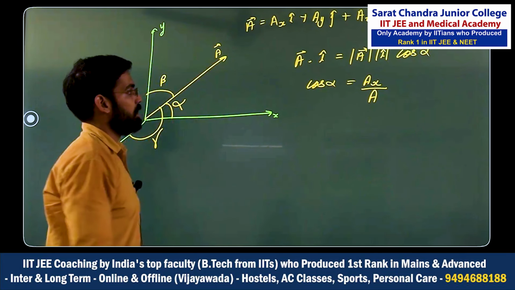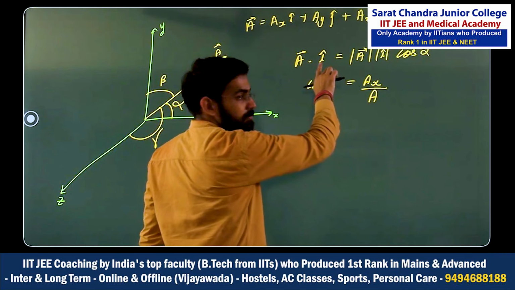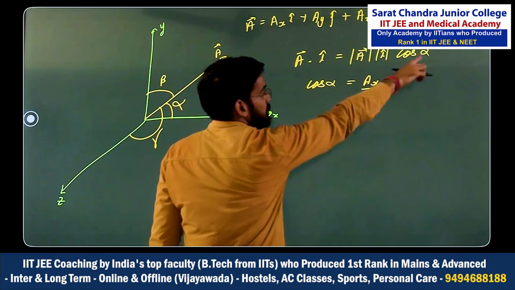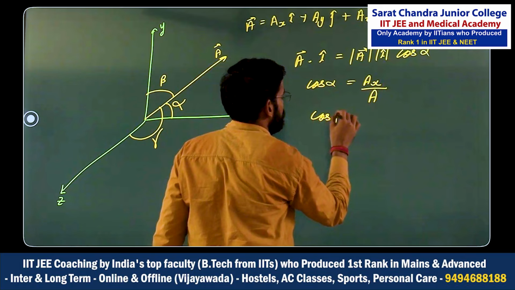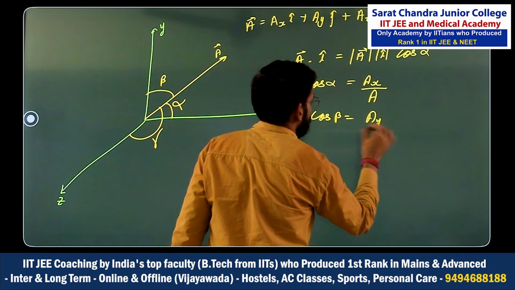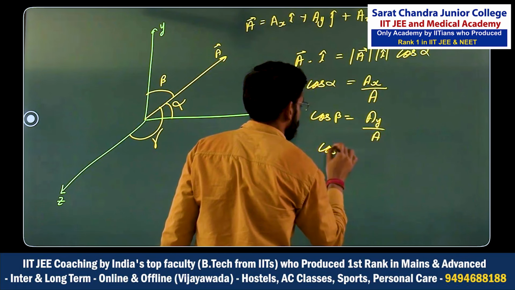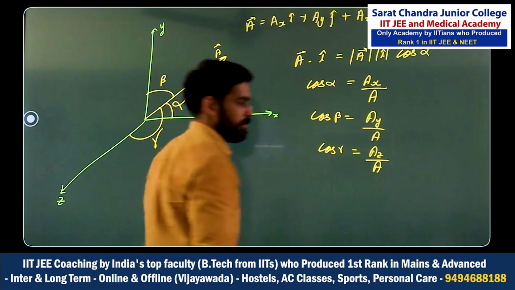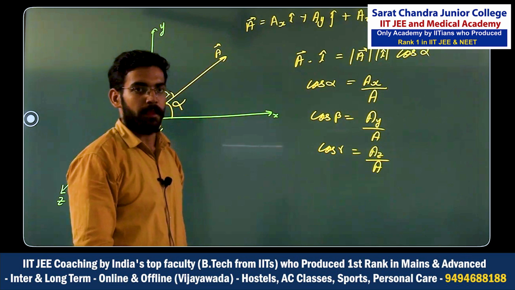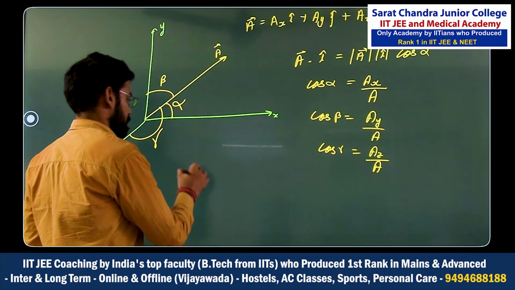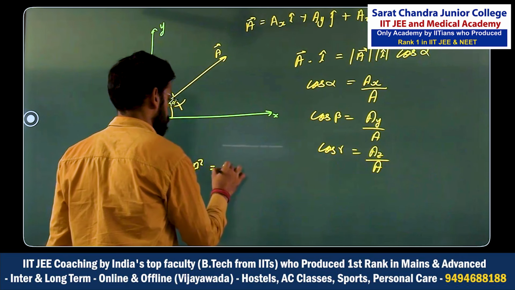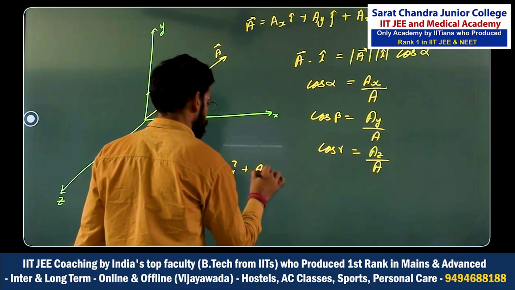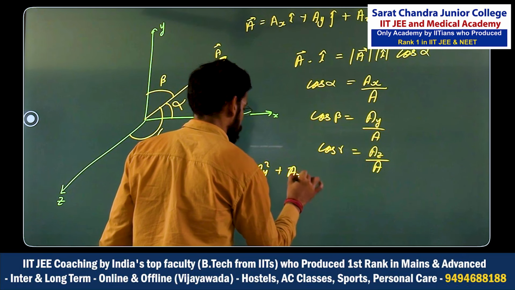Similarly, when you solve, j cap will come here and cos beta will come. So cos beta will come how much? Ay by A, and cos gamma will come how much? Az by A. Agree? Okay. We know already that A square equals Ax square plus Ay square plus Az square.